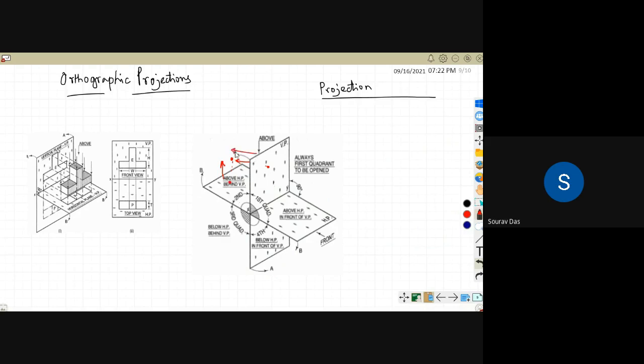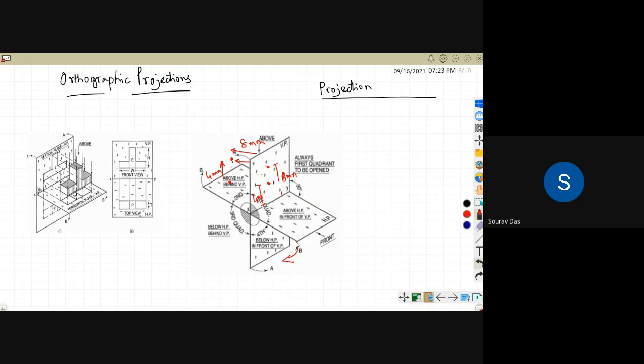Say this is 8 mm above the horizontal plane and 4 mm behind the vertical plane. When we rotate this horizontal plane, this point will come somewhere here. So this is 4 mm.